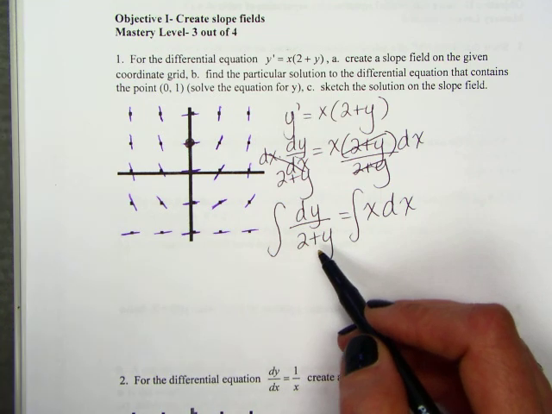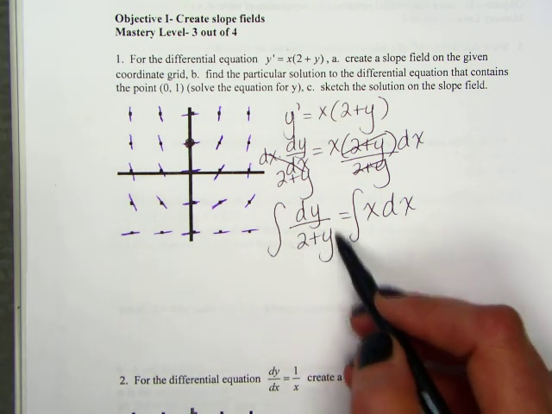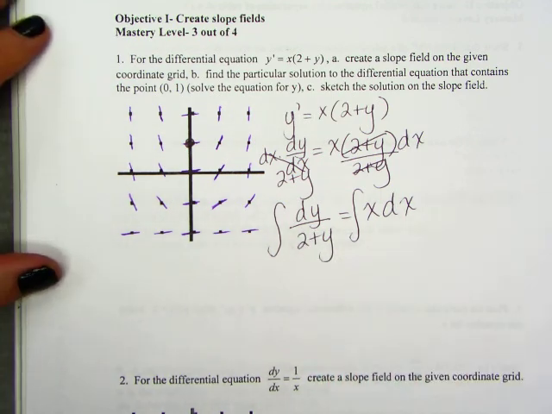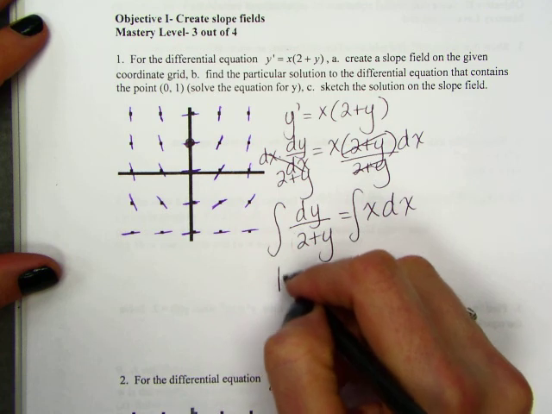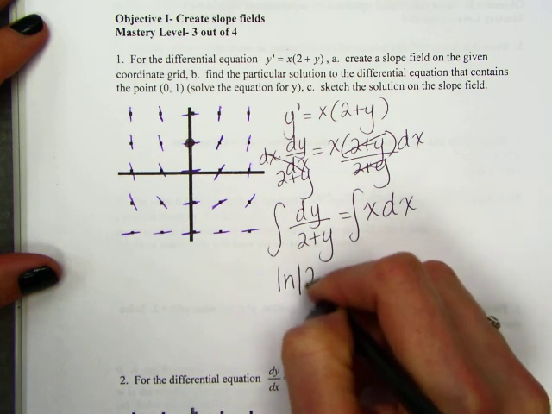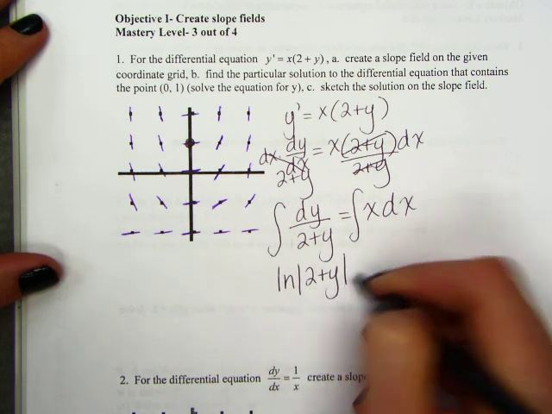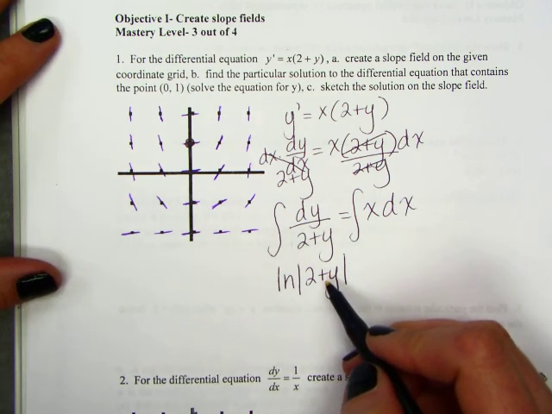So this side, again, if we were to rewrite this, that would be 2 plus y to the negative first. What does that negative 1 power tell us this is going to integrate as? A natural log. So a natural log of the absolute value of 2 plus y. Do we have to worry about the derivative of 2 plus y?